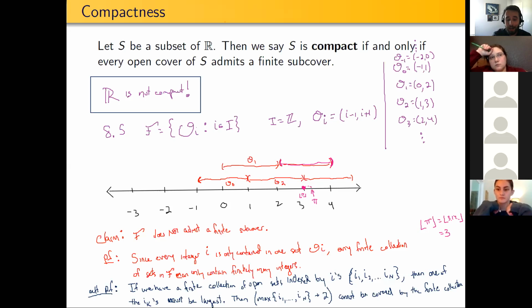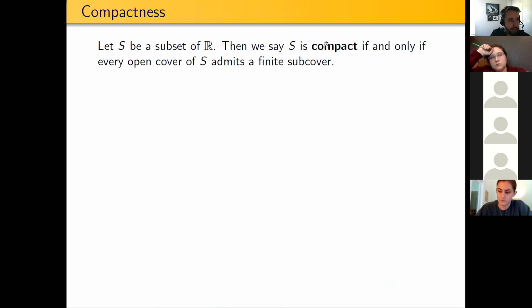All right, so I want to talk through, in slightly less gory detail, one more example. Similar to R not being compact, I want to claim that any unbounded set is necessarily not compact.